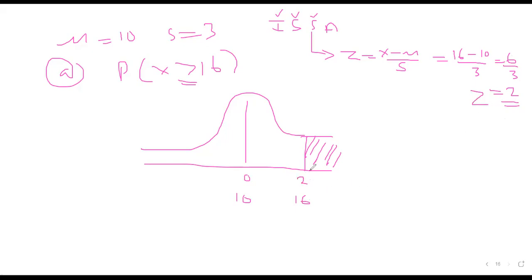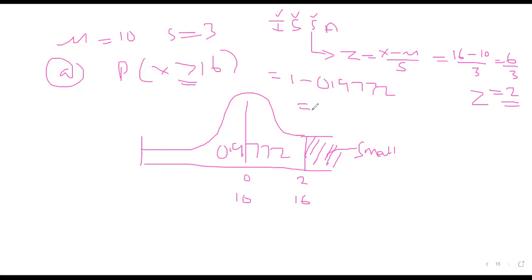So when we read the Z, we're going to find that the reading for 2 is 0.9772. Now this shading is small. So because it's small, we're going to subtract our answer from 1. So 0.9772 subtracted from 1.